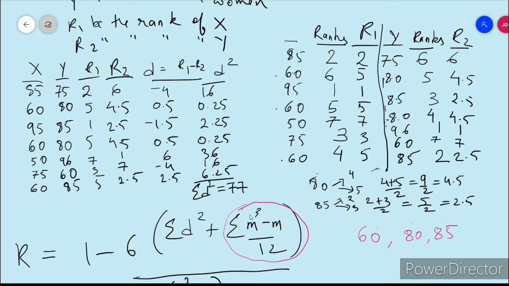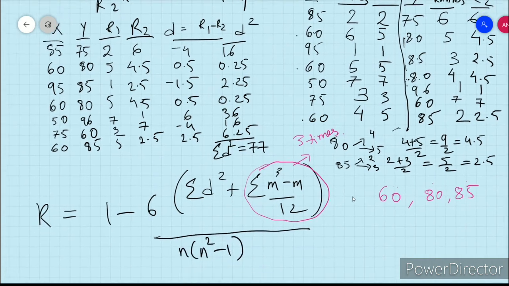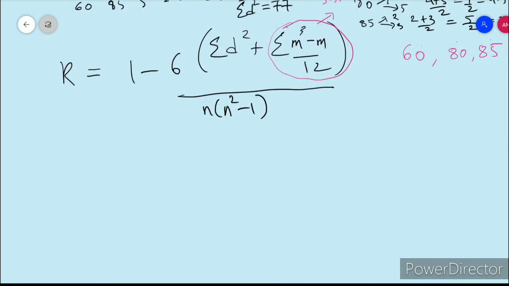So this means that this will be added to summation d square 3 times. So this means that your summation of this will look like this.